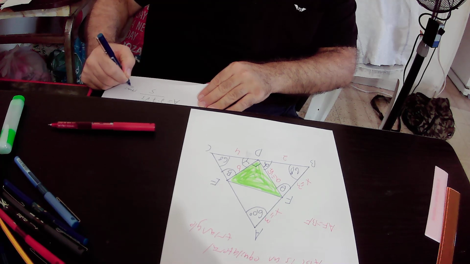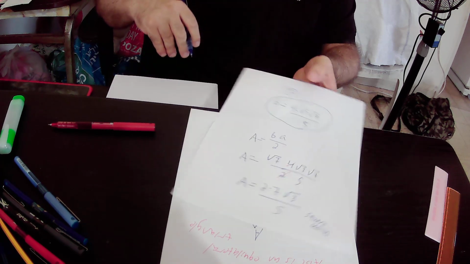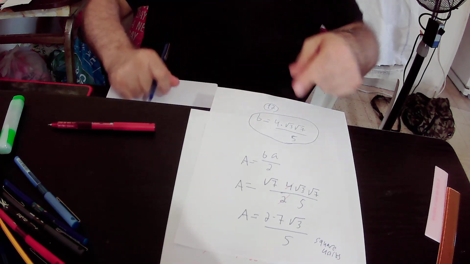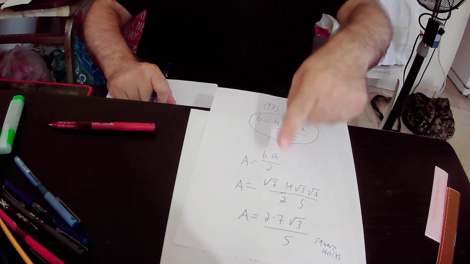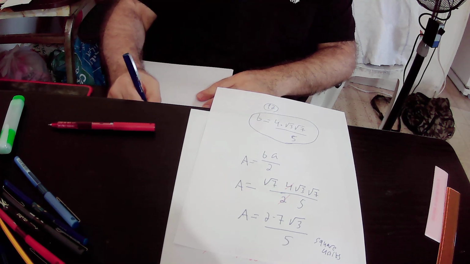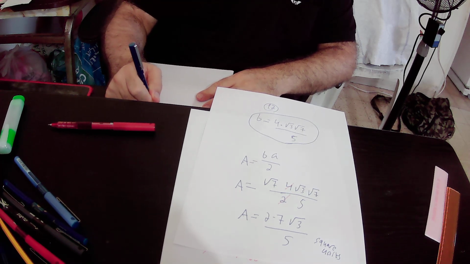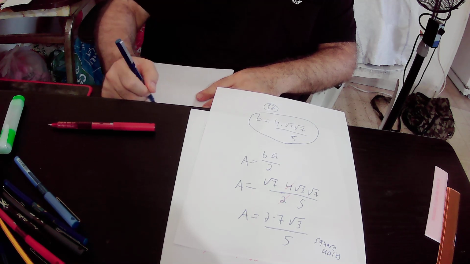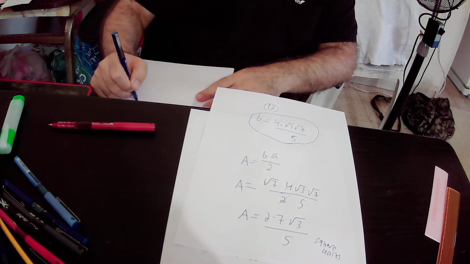So the area of the green triangle equals 2 times 7 times root of 3 over 5. 2 times 7 is 14, so I write it down. So the area of the green triangle equals 14 times root of 3 over 5 square units.